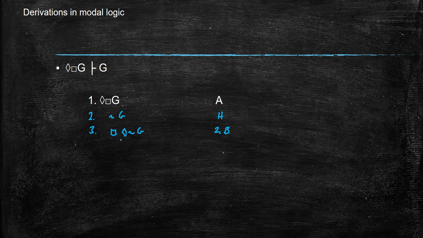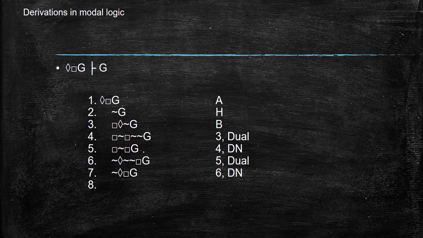And so now you've got possible necessary G in the assumption, necessarily possible not G on line 3, and if you apply dual and double negation a couple of times, you're going to end up with a contradiction. Like so. So contradiction between lines 1 and 7, and we've finished it up in the usual way.